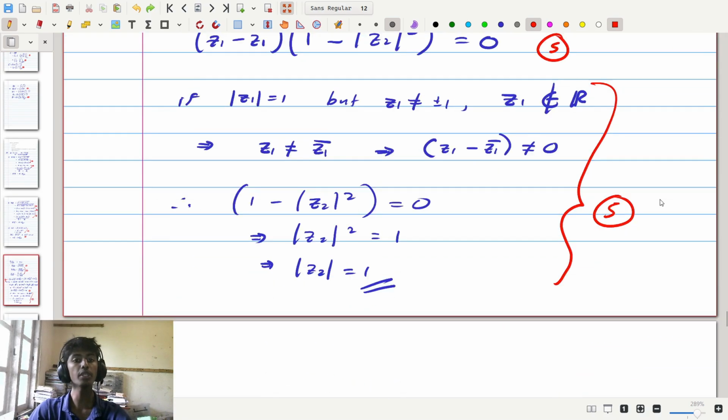After that, when you use the argument that Z1's modulus is equal to 1, but Z1 is not equal to plus or minus 1, meaning that Z1 is not real, and therefore Z1 minus Z1 conjugate is not equal to 0, leading us to 1 minus Z2 modulus squared equals 0, meaning that Z2 modulus squared equals 1, meaning that Z2 modulus equals 1. For all of this and the final answer Z2 modulus equals 1, you get another 5 marks.